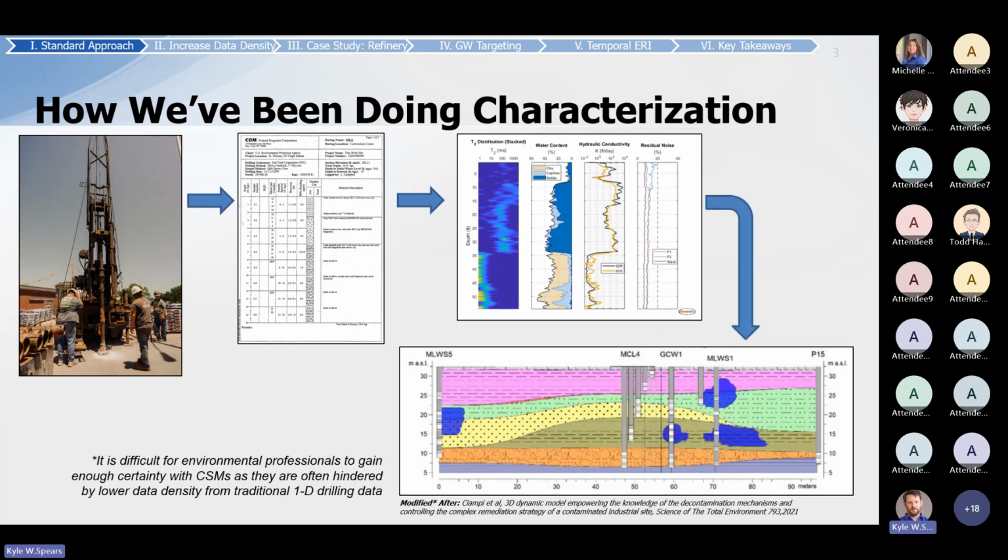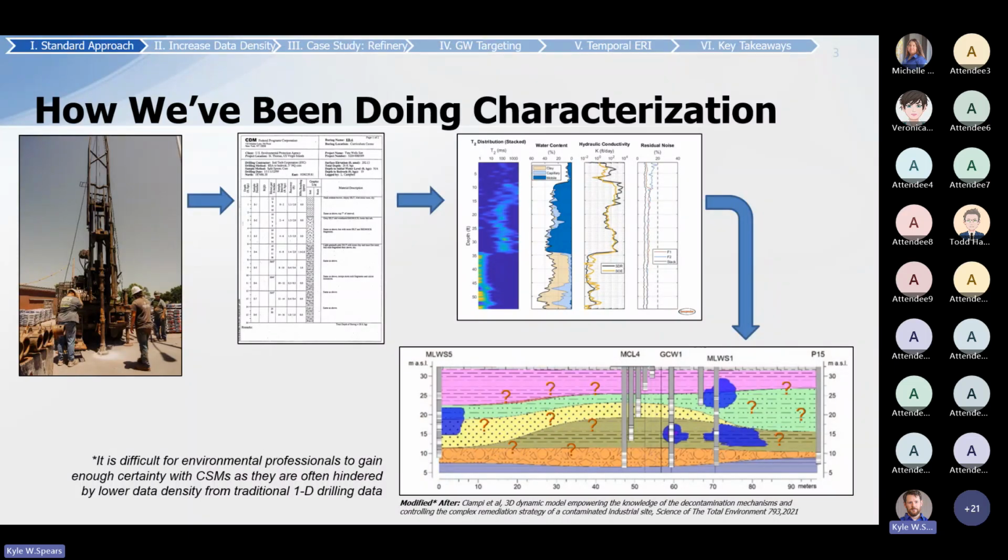And what we do is we start putting those together, and we use all of our years of experience and practice to make our best guesses as to what's happening in between the wells. But despite our best efforts, at the end of the day, even a good cross section can have 50 meters of space where we're just interpolating.